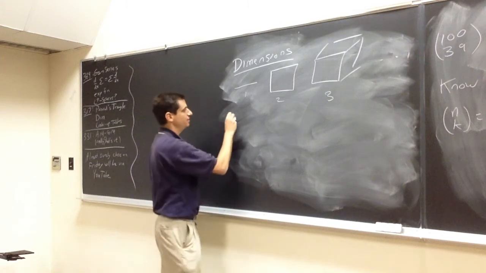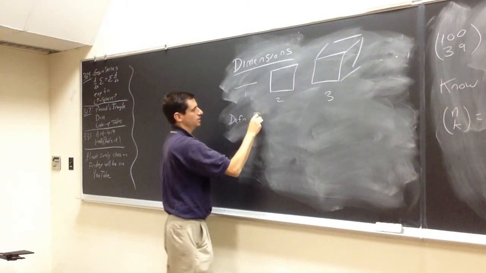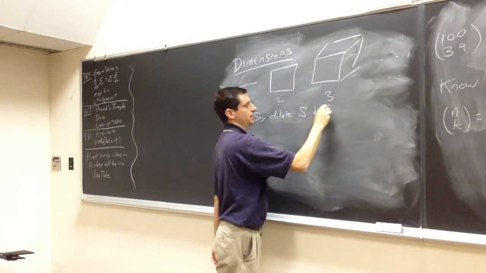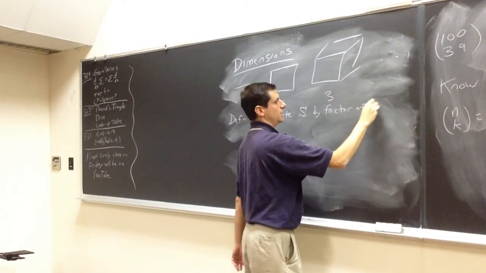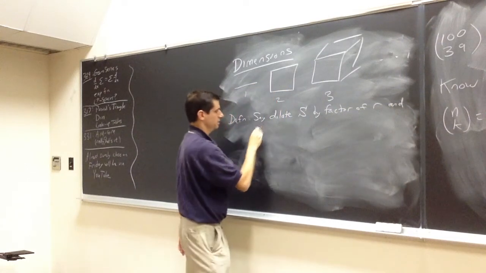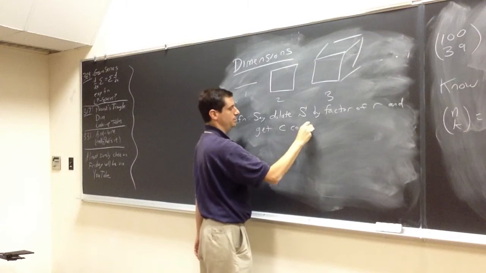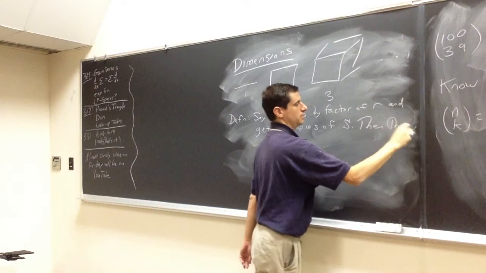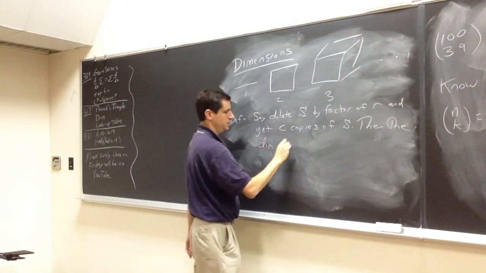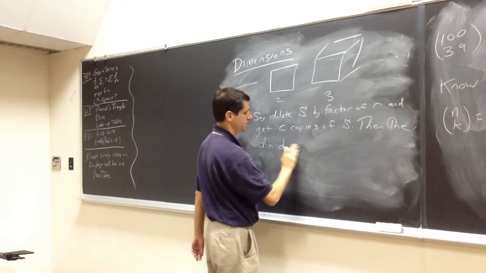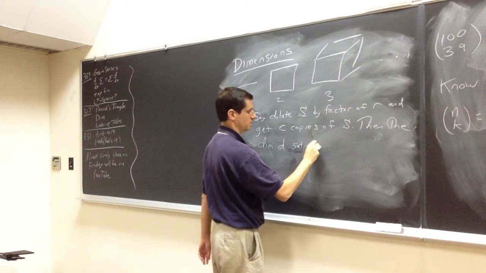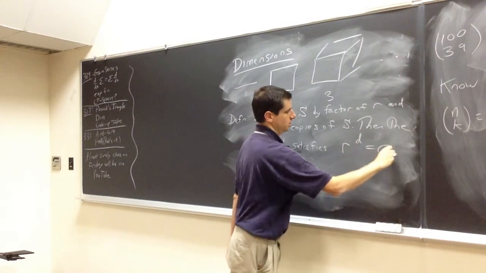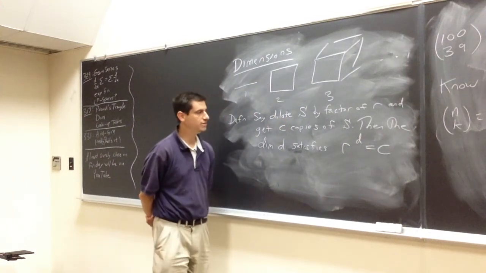So here is a definition of dimension. Say we dilate a set S by a factor of R and get C copies of S. Then the dimension D satisfies R to the D equals C. All right, so here's an interesting formula.